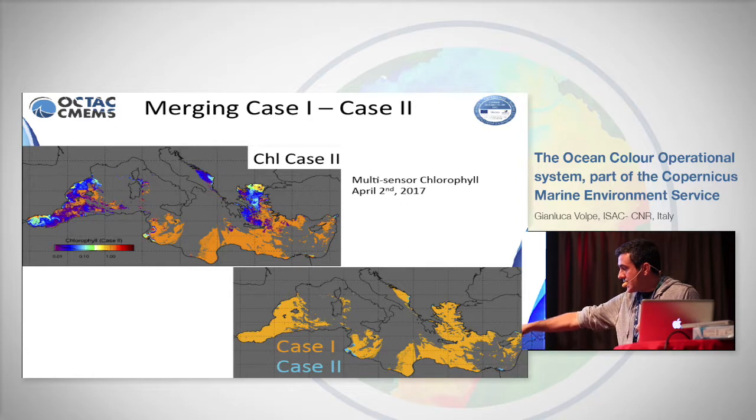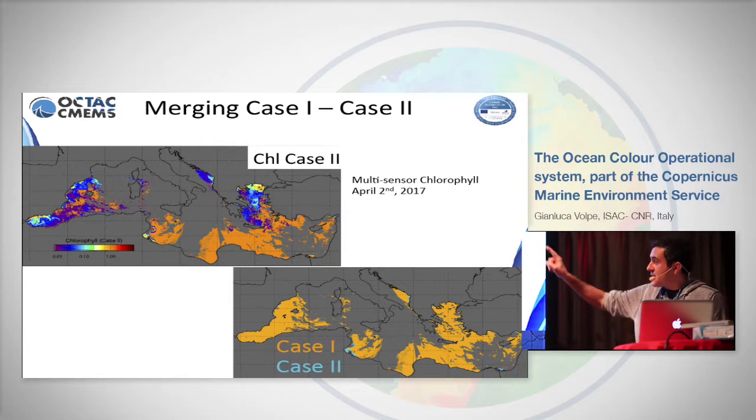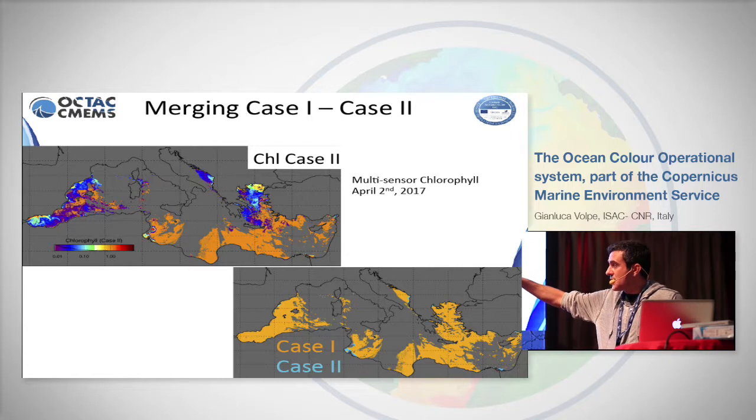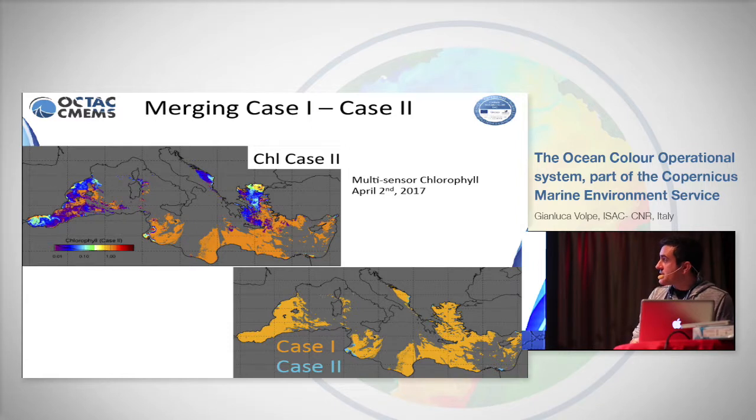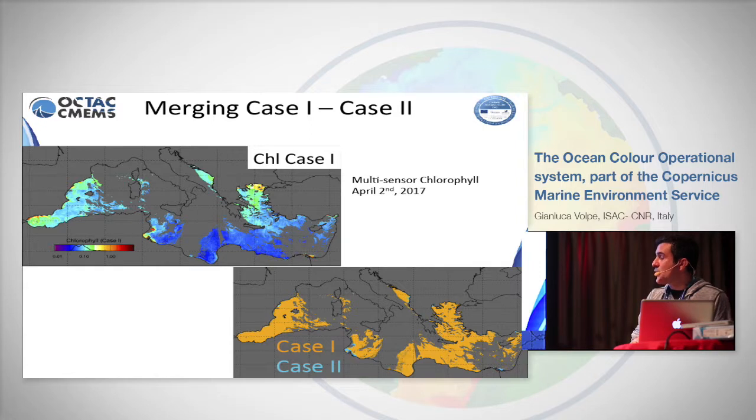As an example, we see here that the Mediterranean is quite blue. All the case 1 pixels are shown in orange and the case 2 in blue, and we can see that case 2 only has to do with some single spots close to the coast. This is the satellite image that we get when we apply the case 2 algorithm, let's say the red curve in the previous plot. This other one is the same satellite scene product when we apply the black curve in the previous plot.